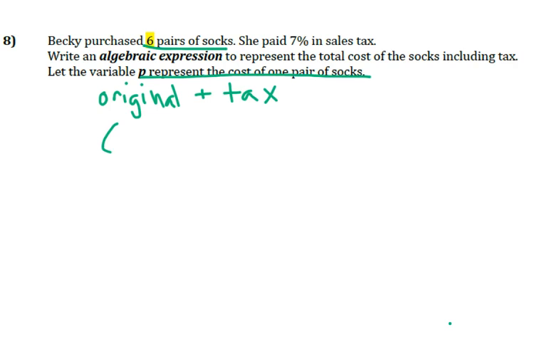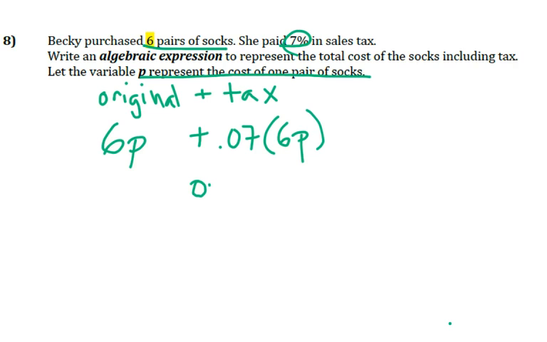So we'll get 6 times P. And then we need to add our tax. Tax is 7% of, remember, percent's always of something, so 7% of 6P. So this is one way we can write our expression, or we could write it as 1.07 times 6P.